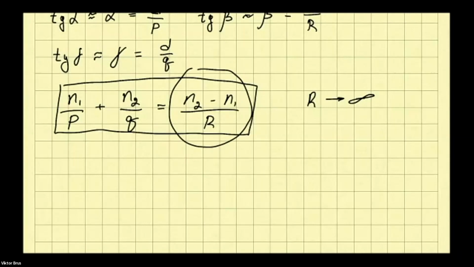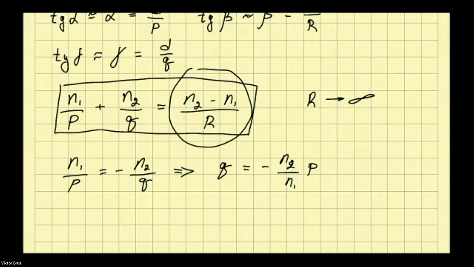So we can write N1 divided by P is equal to minus N2 divided by Q. From here, we show that Q, which is the distance of the image with respect to the interface, will be equal to minus N2 divided by N1 times P.